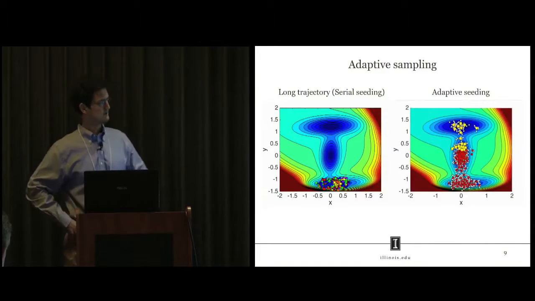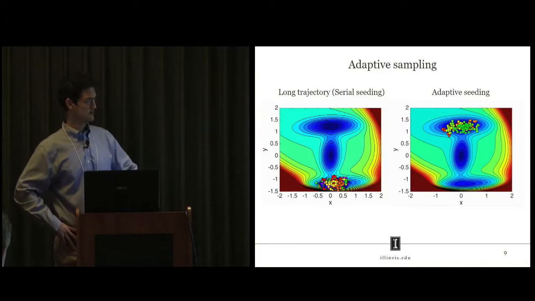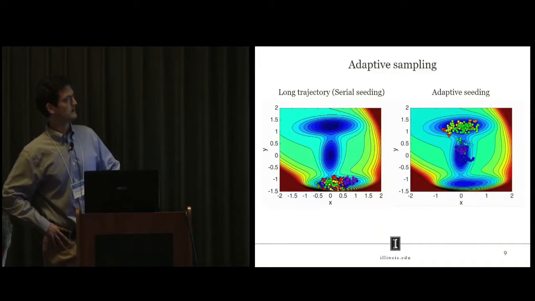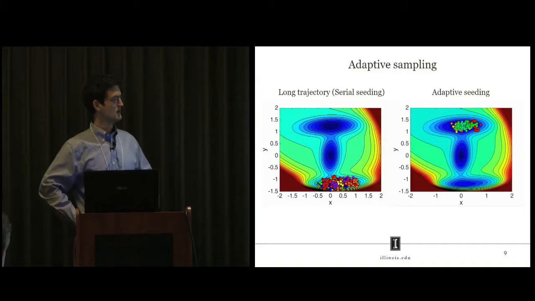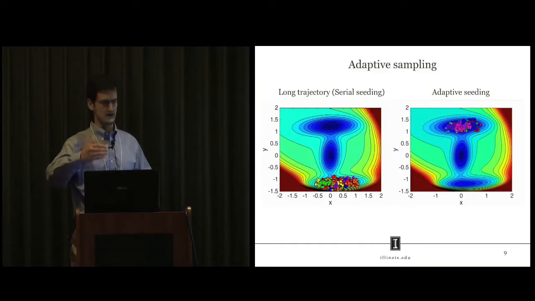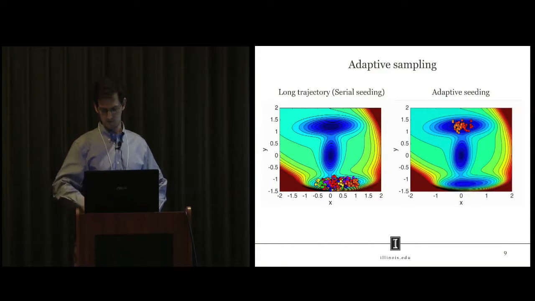In this case, if we know that we want to travel in the positive y direction, we can choose to start new simulations from clusters that maximize the y component.